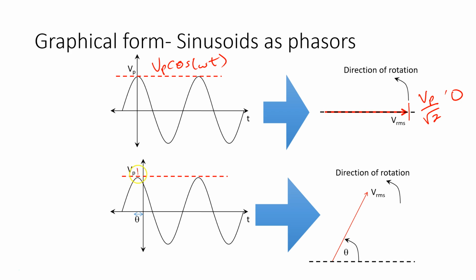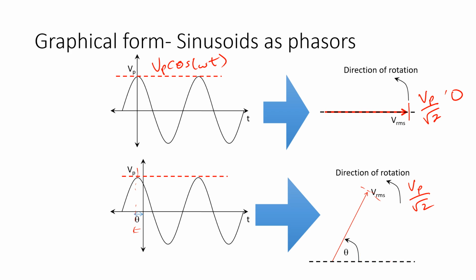If I offset that by some value theta, then it has the same magnitude, Vp on square root 2, which is the same as Vrms, with an angle of theta. Now notice the direction that theta is going here to make it positive.